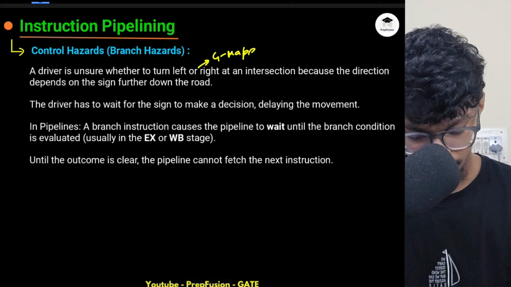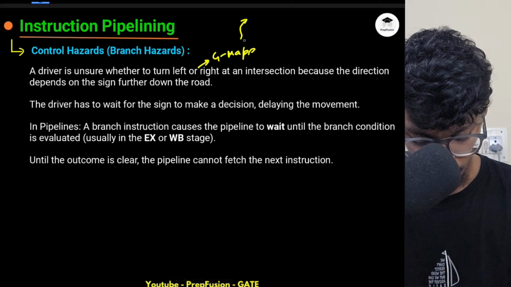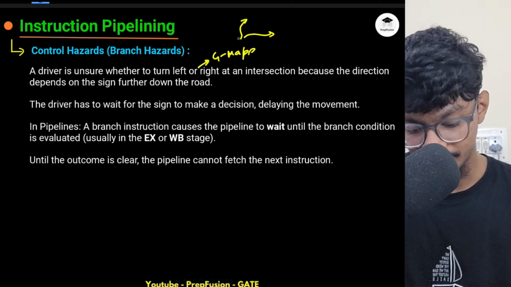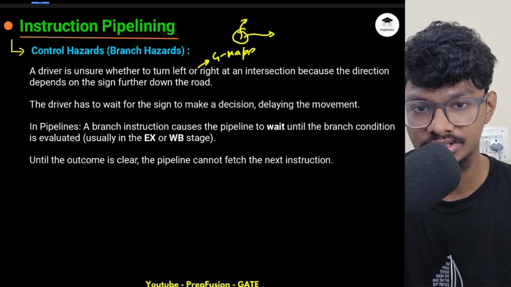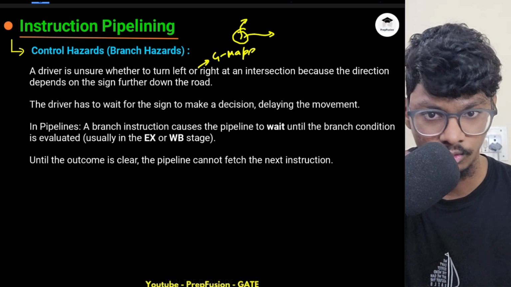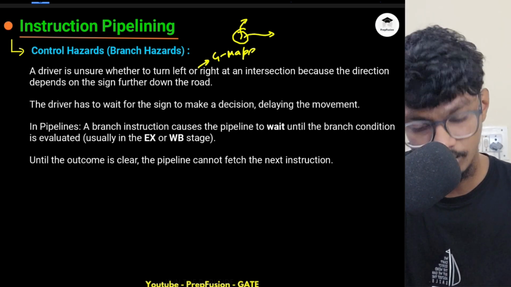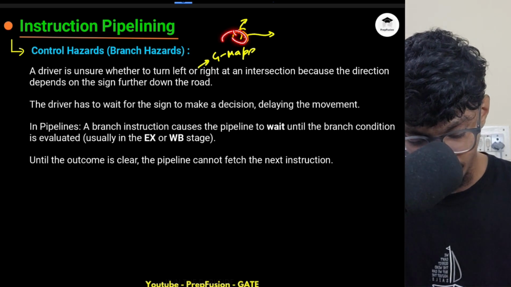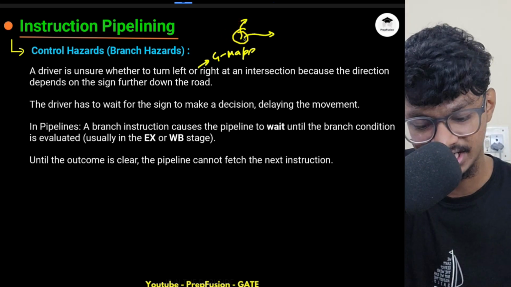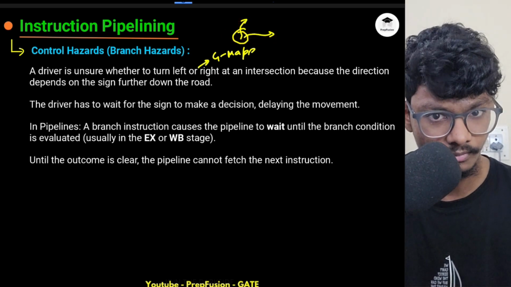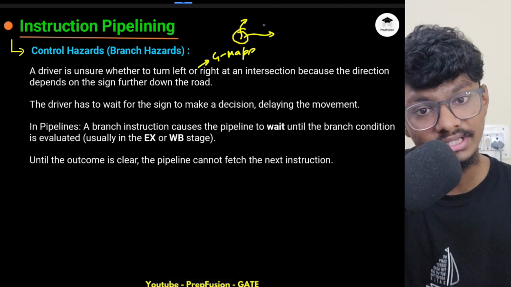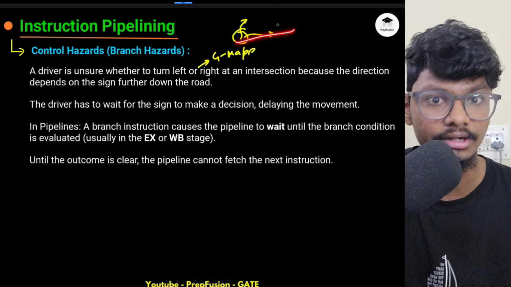Whether you need to turn left or right, in which direction, you will only be able to see once you reach that point, because let's assume that you are not able to observe the traffic until you reach that particular point. From there you observe that the left turn has less traffic, so obviously you will take the right turn. So you have to wait for some condition to happen, and only then do you decide which turn you need to take.